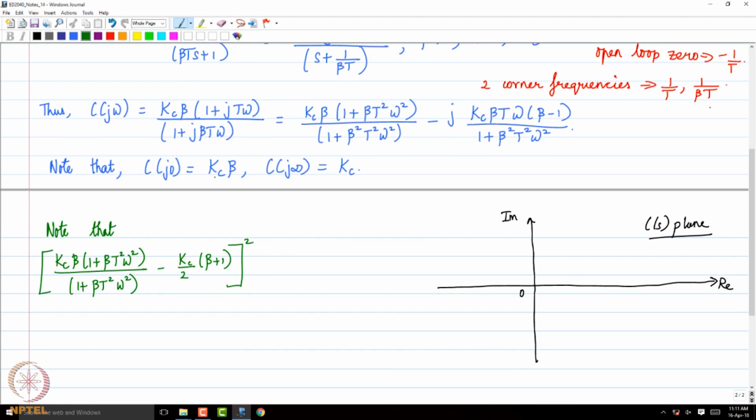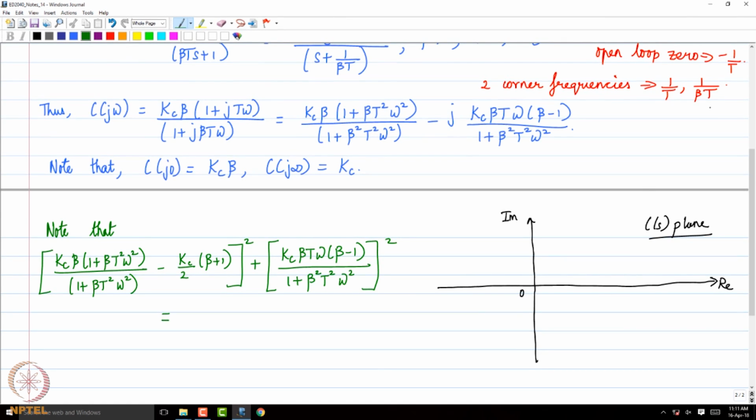How did I get the center? Because the two limiting values are Kc beta and Kc. You take the mean of the two. So you will get Kc by 2 times (beta plus 1), plus the square of the imaginary component, Kc beta T omega (beta minus 1) divided by (1 plus beta squared T squared omega squared), whole squared.